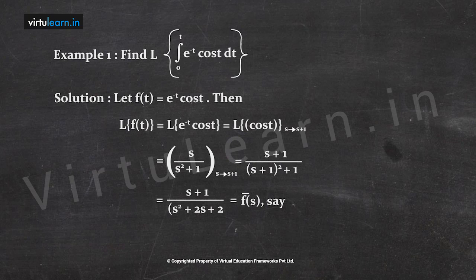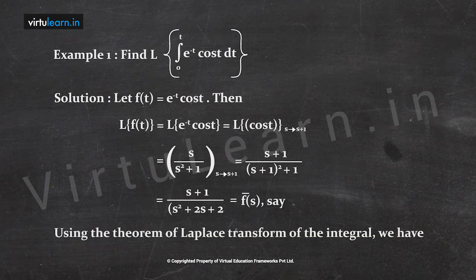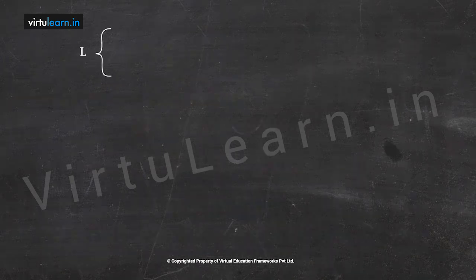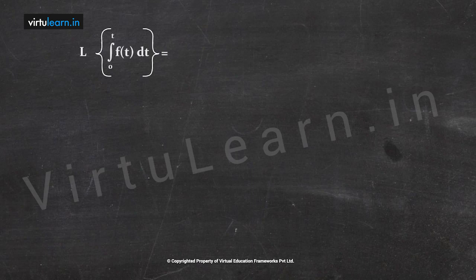Once you have f bar of s, you can apply the Laplace transform of integrals, because the integration is available. Using the theorem, the Laplace transform of the integral from 0 to t of f of t dt equals 1 by s into f bar of s. Already I calculated f bar of s.